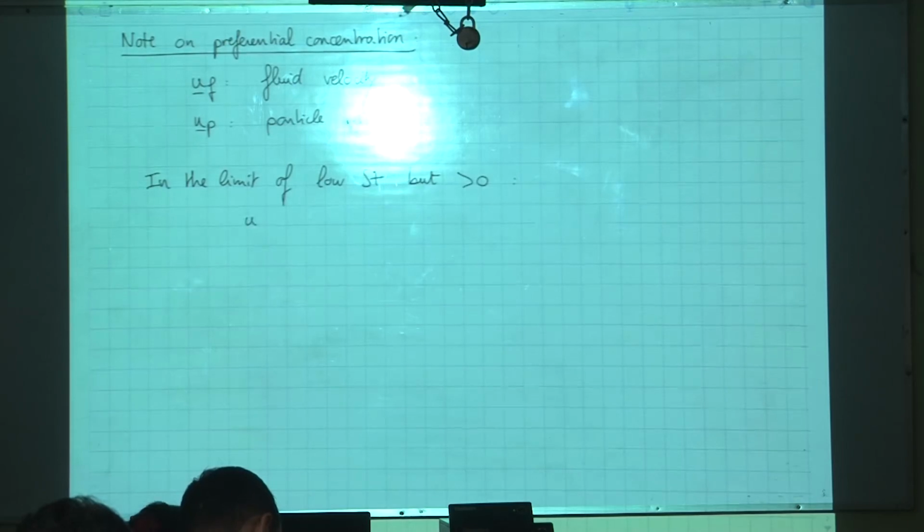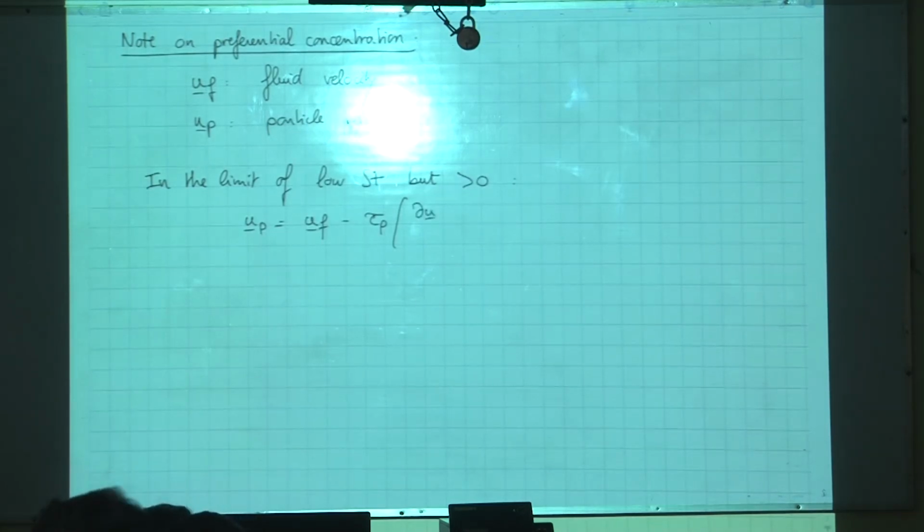we can write that UP can be linearized to UF minus tau P times the acceleration of the fluid, which is just dUF/dt plus UF dot grad UF.